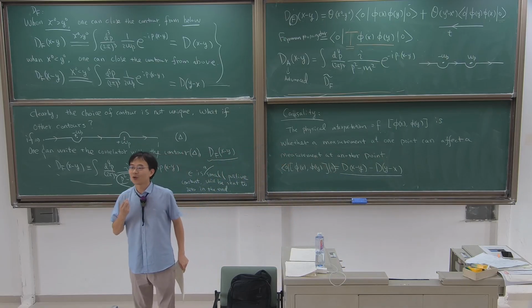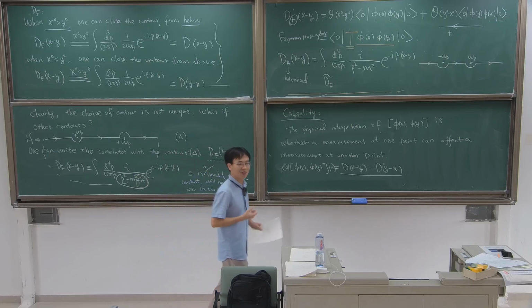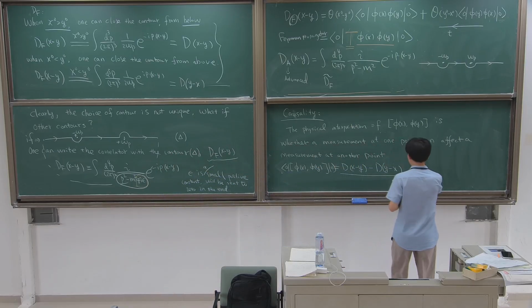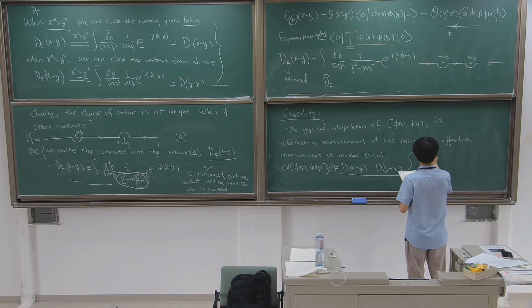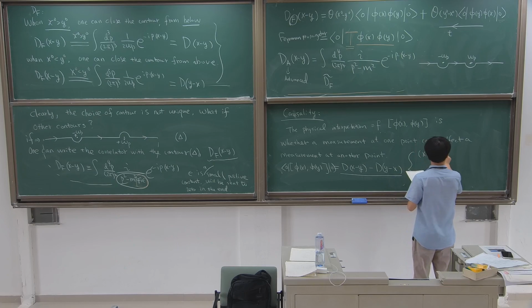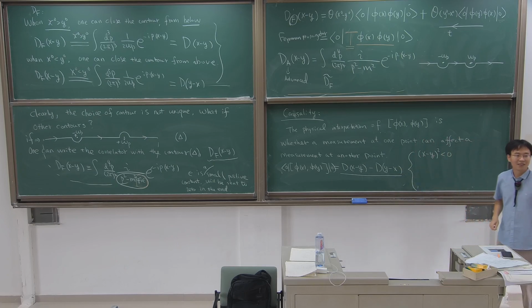By the Lorentz invariance argument, we know the result for the space-like case. If the two points are space-like, the final result is also Lorentz invariant, and the result is 0, because this should be equal to the equal time commutator. That's a particular frame I just choose, where the two points are at equal time.